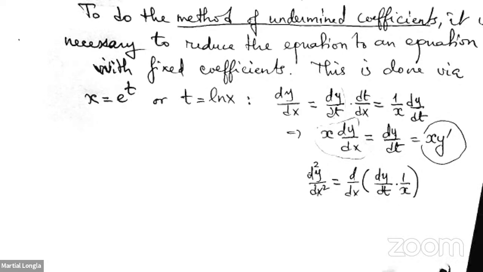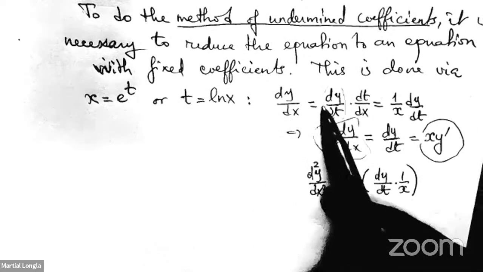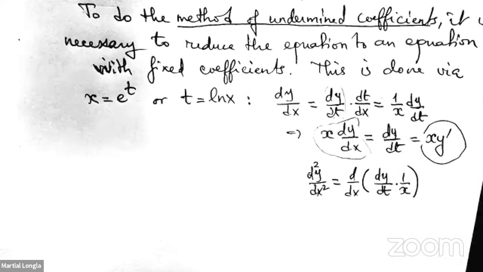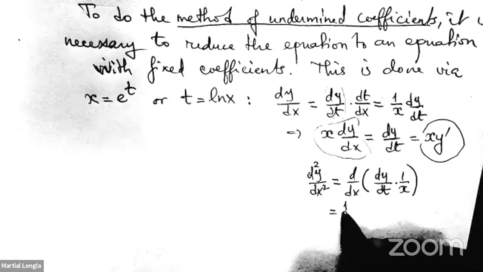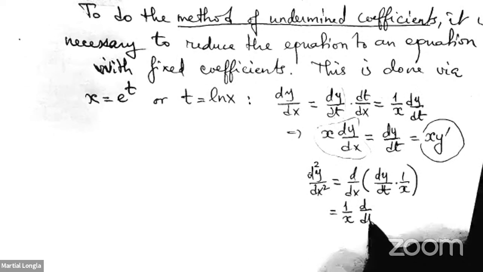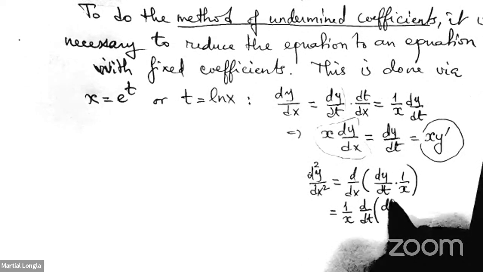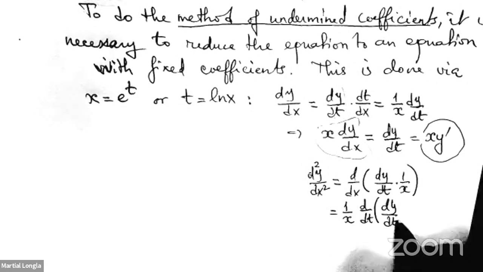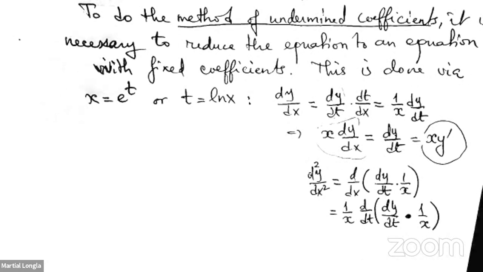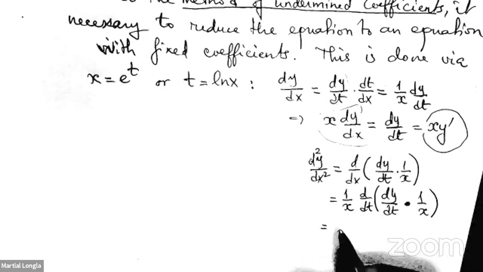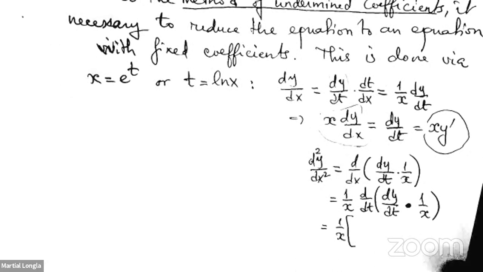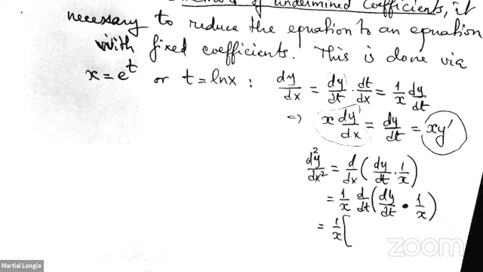First of all, same as d over dx up here, it's going to be 1 over x times the derivative of what is inside with respect to t. So it is 1 over x, derivative with respect to t of dy over dt times 1 over x. And this derivative is a product, so we can use the product rule.